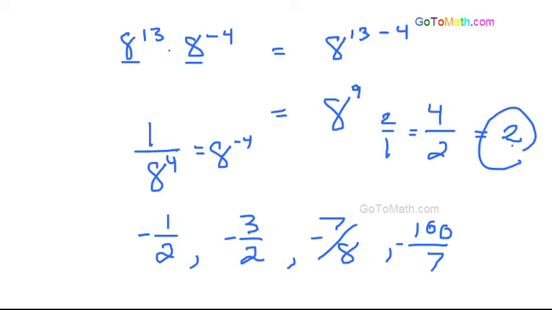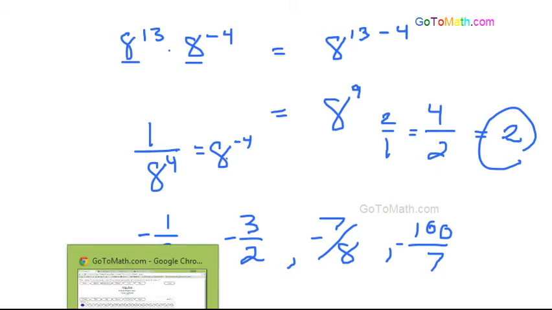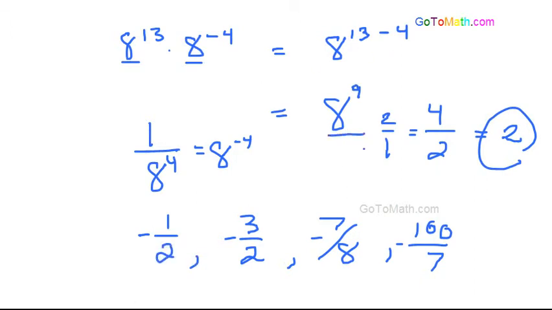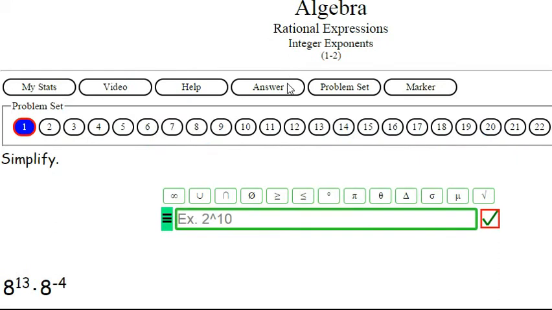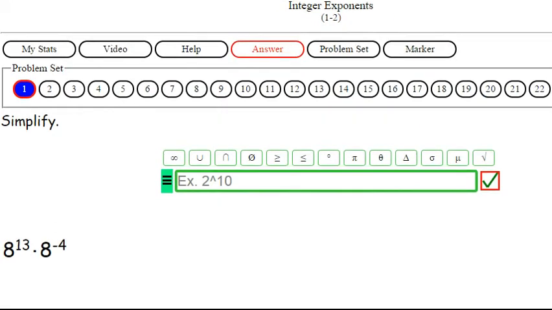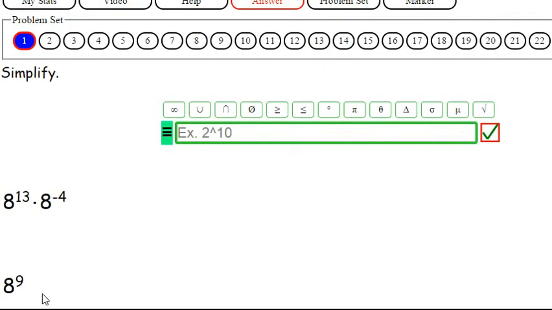It's an integer. That's a rational number. It's written in some rational form here, but it can be simplified down. So let's think about that. Is that the answer? Is that what we're really looking for? What was that, 8 to the 9th power there?